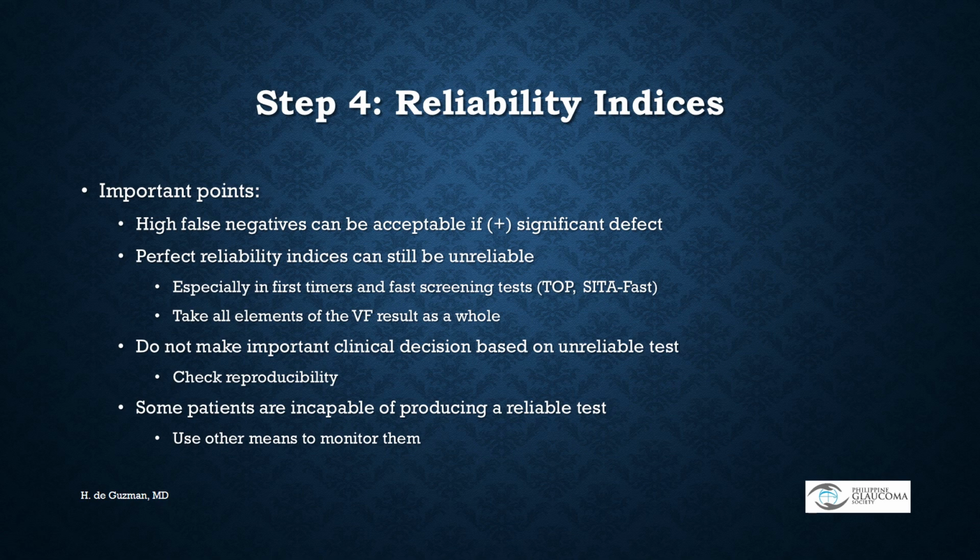So never make an important clinical decision based on an unreliable test. And there are patients out there who will never ever be able to produce a reliable test. So these patients, you can just stop requesting perimetry and just use some other means to monitor them.